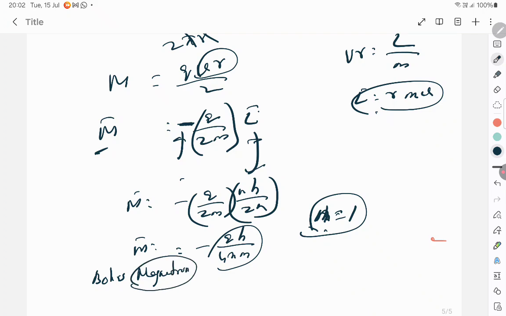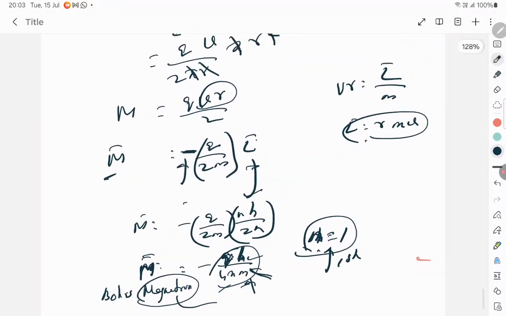It's a constant because all these values, the charge of an electron, mass of an electron and Planck's constant, are constants. Bohr's magneton is the magnetic moment of a revolving electron of the hydrogen atom in the first orbit.